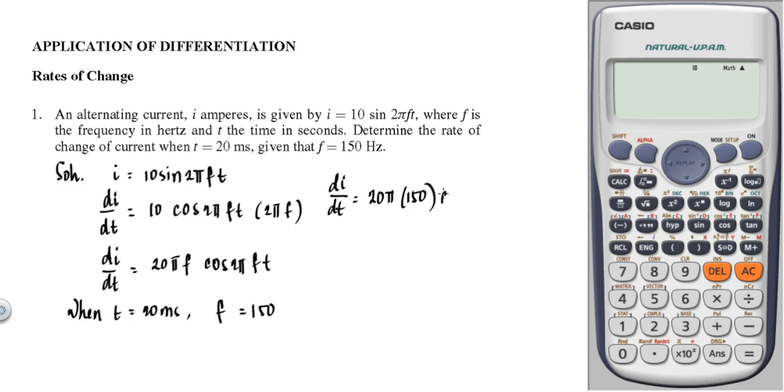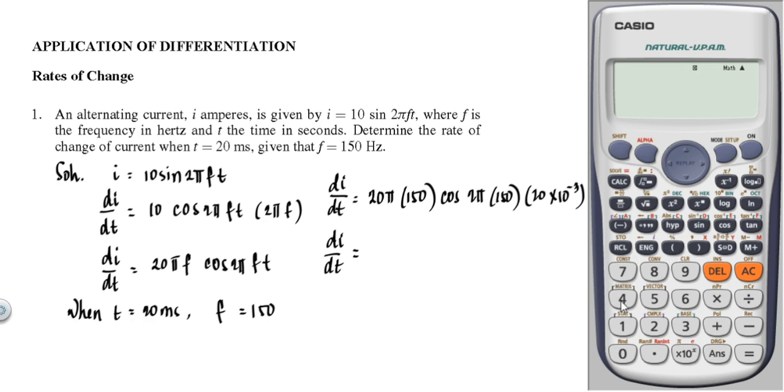Okay, cosine of 2 pi times f, 150 times the seconds, no? 20. And don't forget to put times 10 raised to minus 3. Okay. So di over dt is equal to, okay, let's use our calculator here.